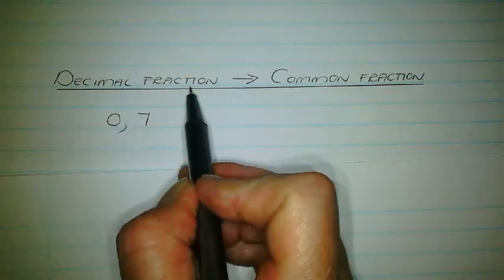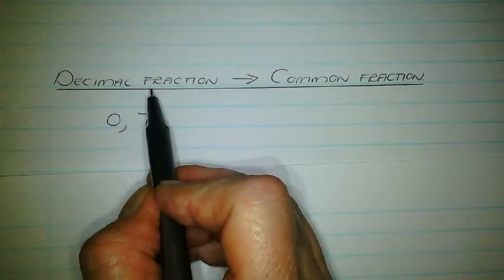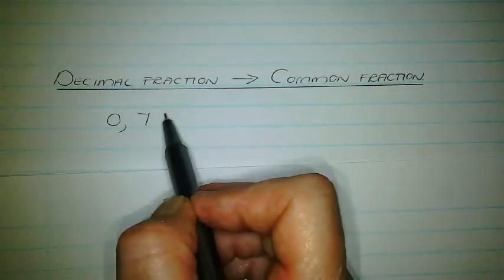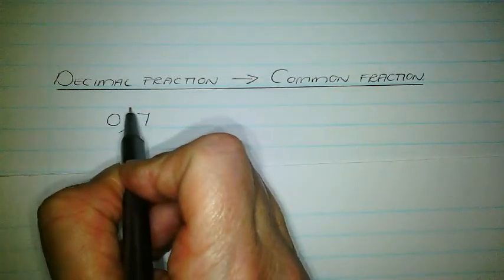Now to write it as a common fraction, you have to know what a common fraction looks like. Now to make it easier, we are going to use place values when we work with decimal fractions. So actually from now in grade 7 and onwards, if you see decimal fractions, then you are going to use place values. That makes it easier for yourself.